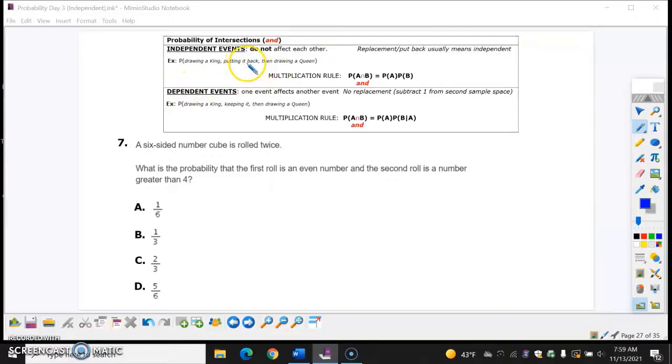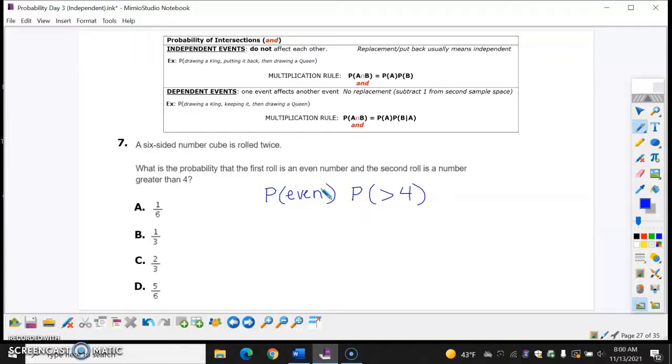No, so those are independent. So we're going to find the probability that the first roll is an even number and the probability that the second number is greater than 4. We don't have to do "given that the first number occurred" because if you roll a dice, you have the same chances the second time.